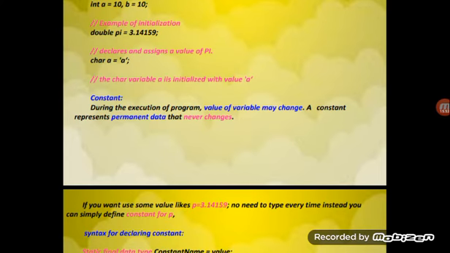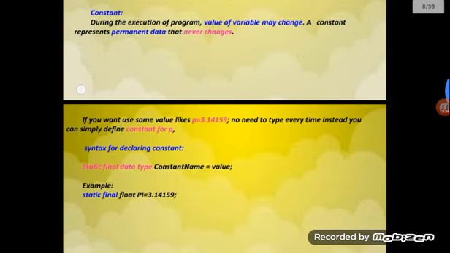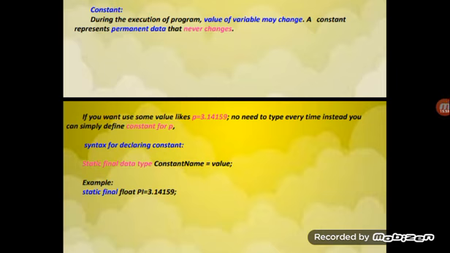Next I will discuss constants. During the execution of a program, the value of a variable may change. A constant represents permanent data that never changes. You can change a variable's value, but you can't change constant data.